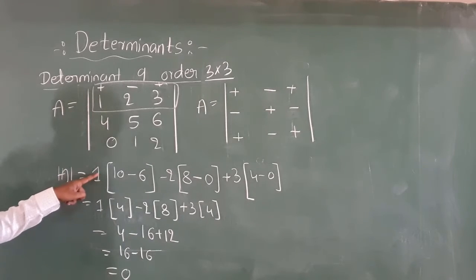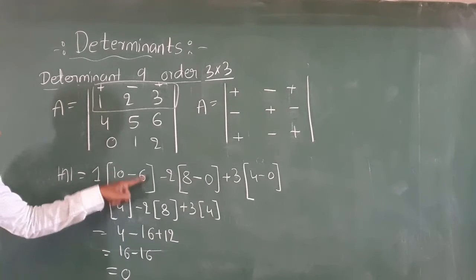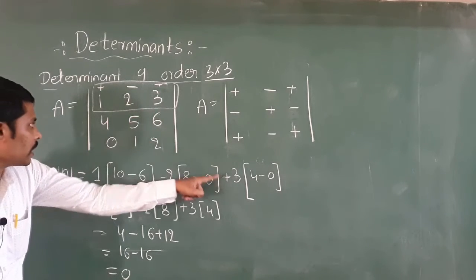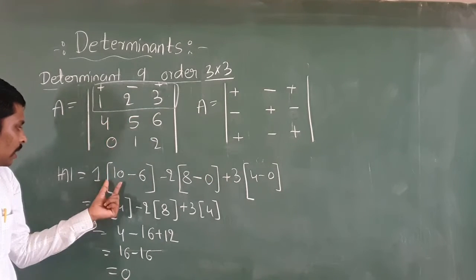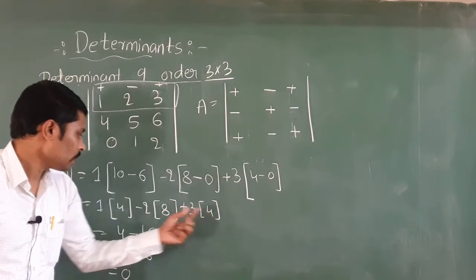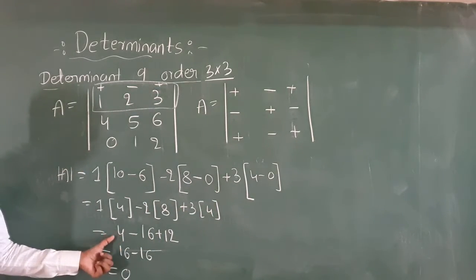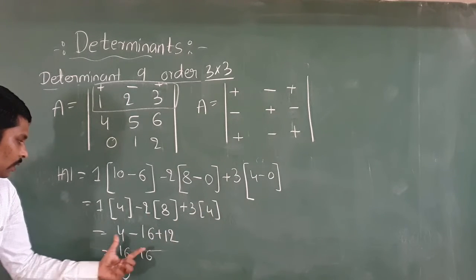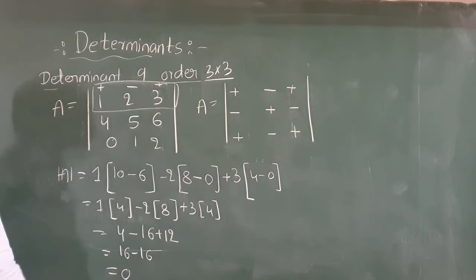Just the first one: 5 into 2 is 10 minus 6, minus 2 into 4 into 2 is 8 minus 0, plus 3 into 4 minus 0. 10 minus 6 is 4, 8 minus 0 is 8, 4 minus 0 is 4. Now we can multiply: 4 into 1 is 4, 2 into 8 is 16, minus 16; 4 into 3 is 12. So 12 plus 4 is 16, 16 minus 16 is equal to 0.